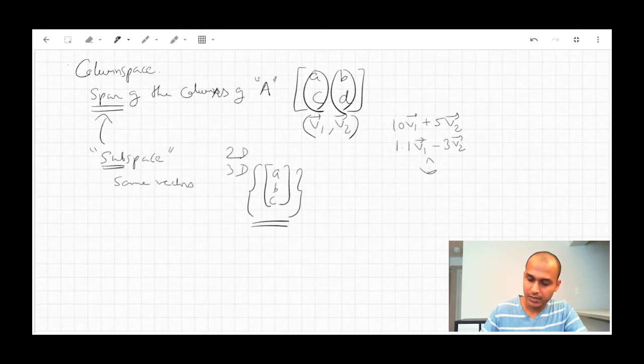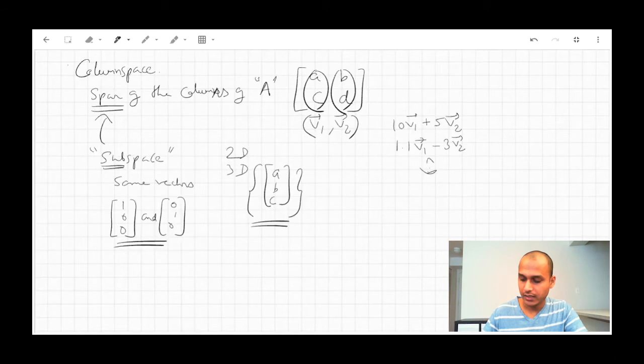For example, remember that we had this idea of looking at the span of 1 0 0 and, let's say, something like 0 1 0. These two vectors are in 3 dimensions, but the span can only capture a plane, right? In this case, it can only capture the 2D plane in 3 dimensions. It will capture all vectors in this plane, but nothing outside the plane.